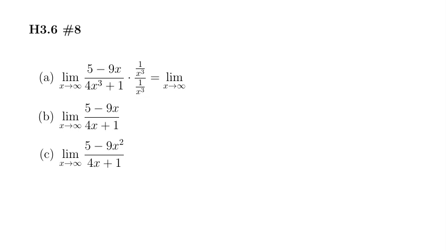Next term is negative 9x. One of the x's cancels out, so you're going to get x squared on the bottom. So you're going to have minus 9 over x squared.